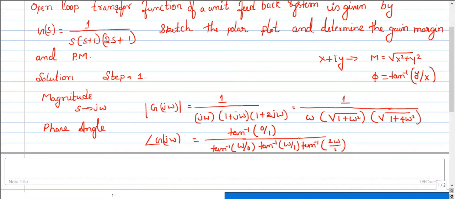So the angle in the numerator will be 0 degree, minus, since taking the denominator to the numerator changes the sign. Tan inverse of omega by 0, that is infinity, gives 90 degree, so it will be minus 90 degree, followed by minus tan inverse of omega and minus tan inverse of 2 omega. So this will be the equation: first one for magnitude and second one for angle.